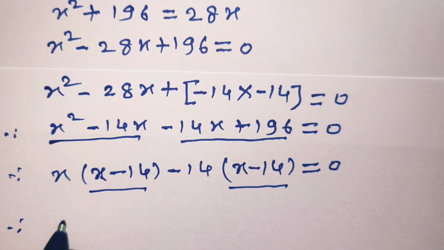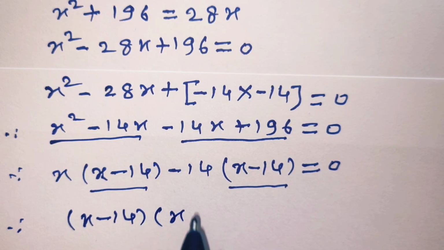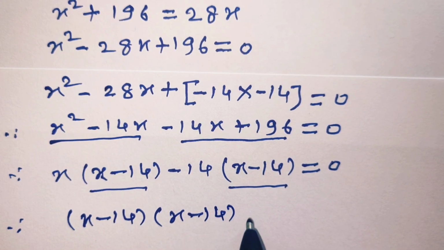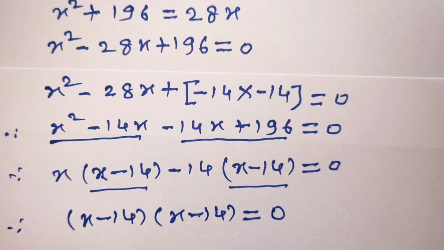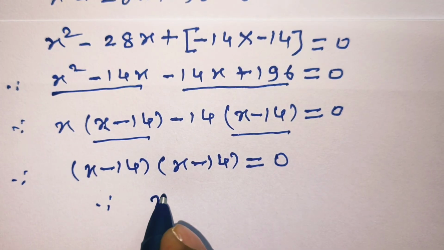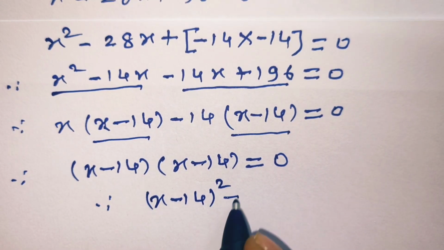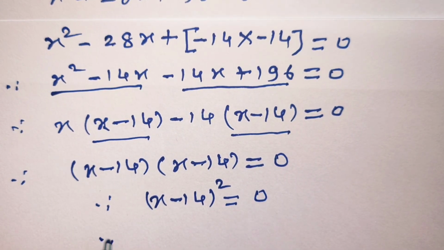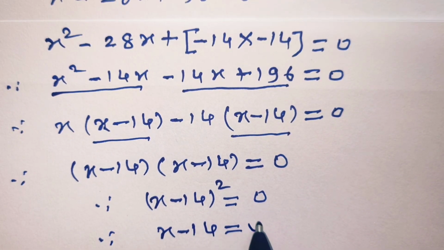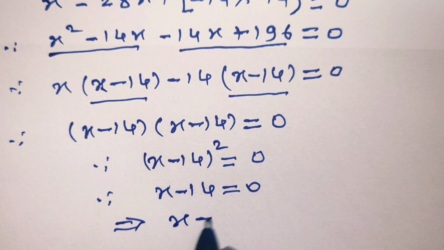Hence we can write x minus 14 into x minus 14 is equal to 0. This is nothing but x minus 14 its square is equal to 0. Hence x minus 14 is equal to 0, and this gives x is equal to 14.